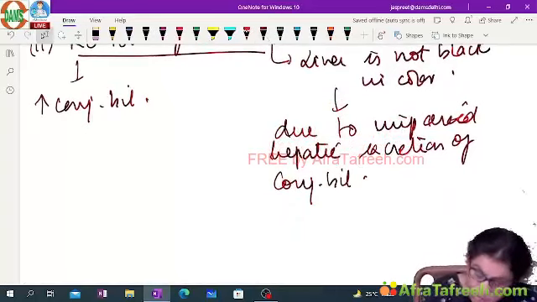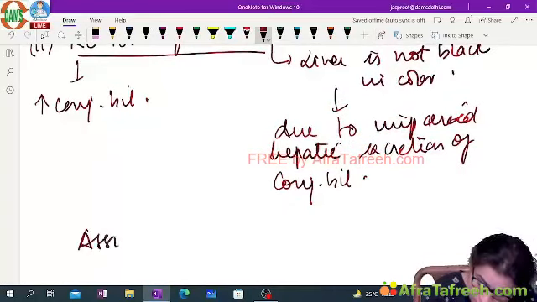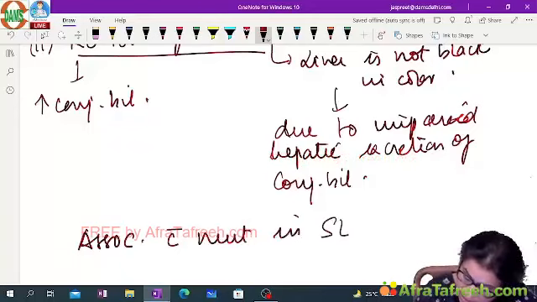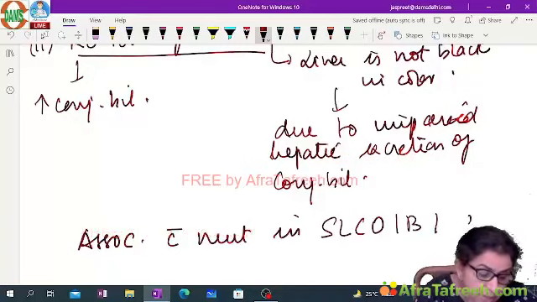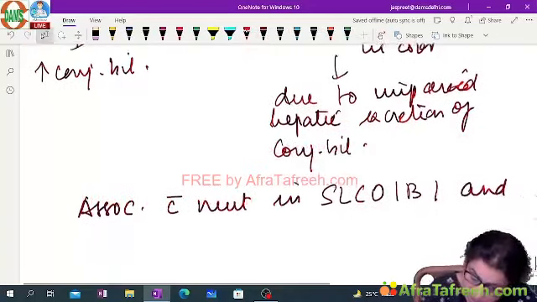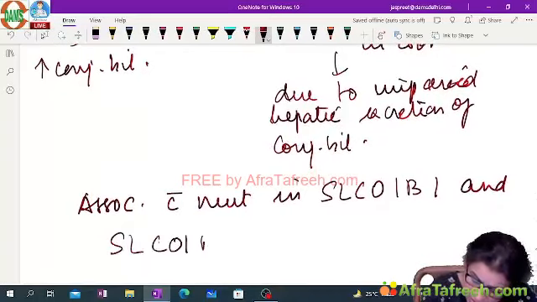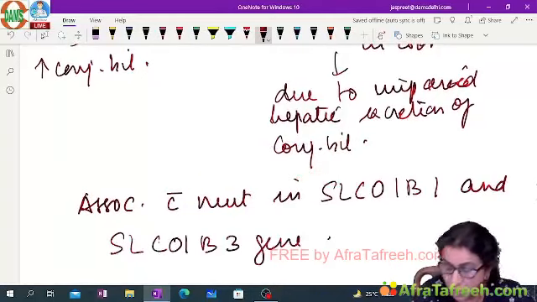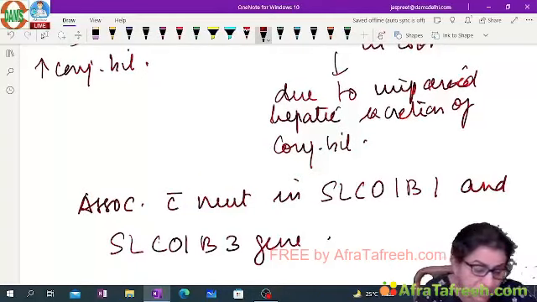Now this is associated with mutation in the SLCO1B1 and SLCO1B3 genes.